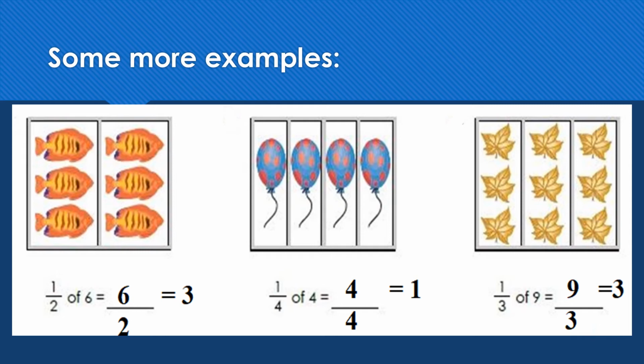Let's take the last example wherein you have a total of 9 leaves that has been equally shared into 3 groups. So what is the fraction? That is 1/3. What is 1/3 of 9? We find it out by dividing, that is 9 divided by 3, which is equal to 3.